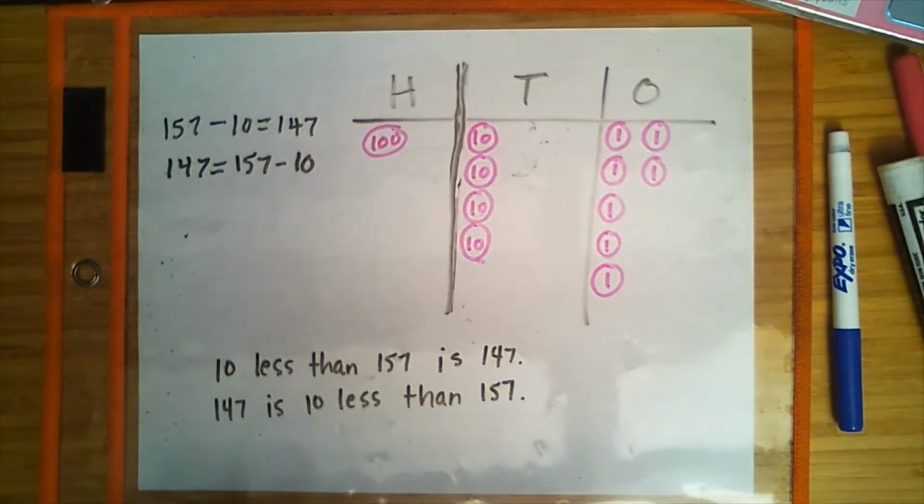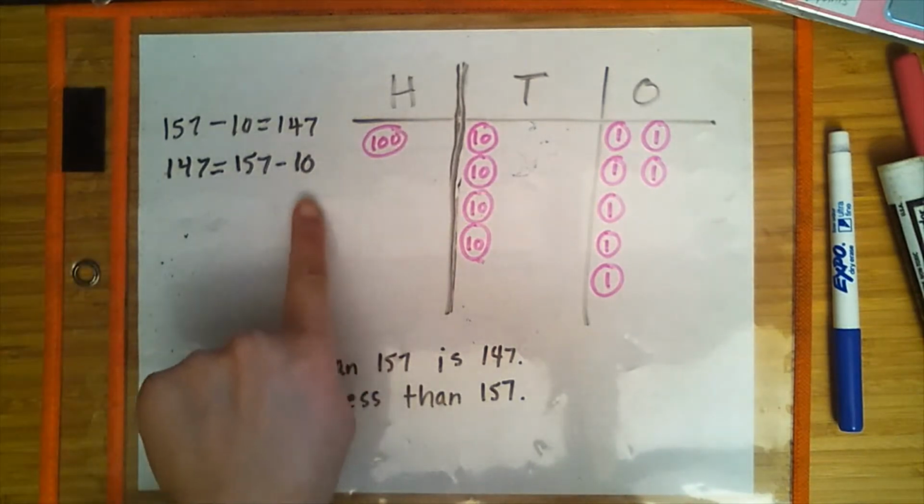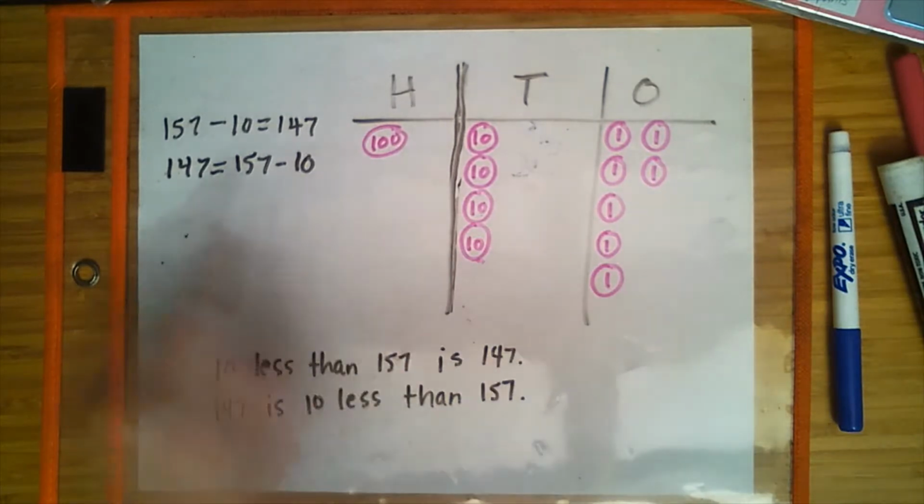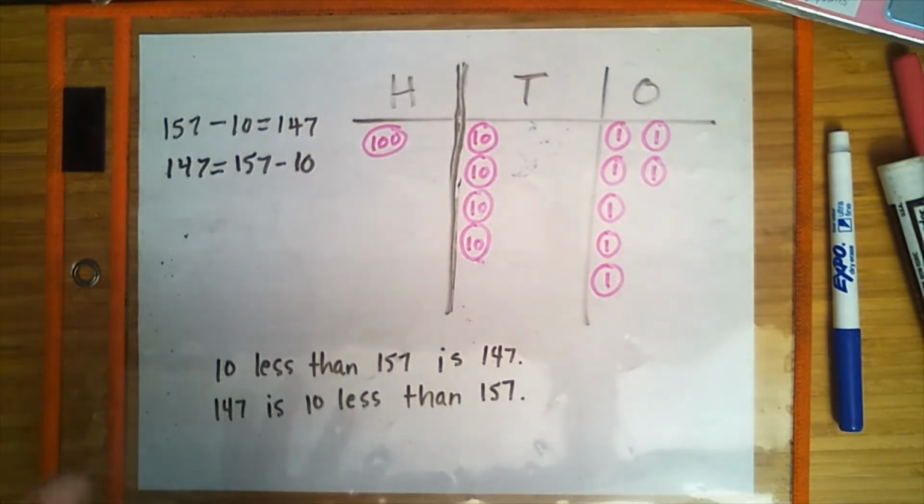That will be it for our subtraction number sentences because we can't take the smaller number away from the bigger number first. And you notice that 157 is our whole, 10 and 147 are our parts.